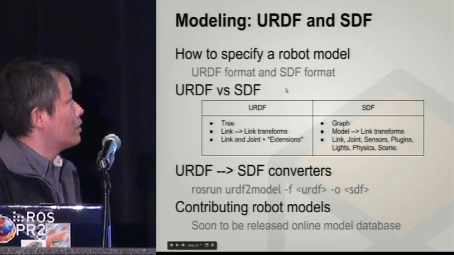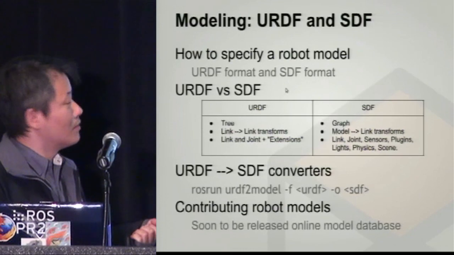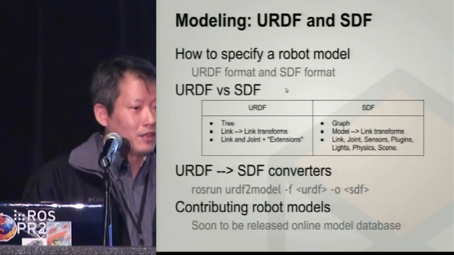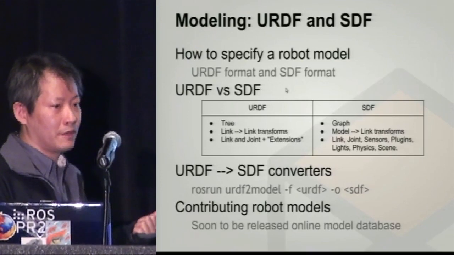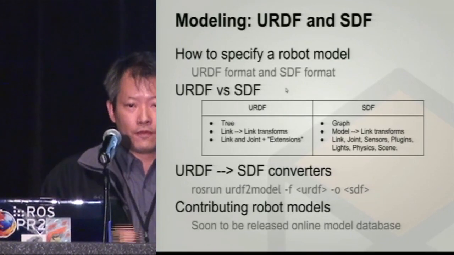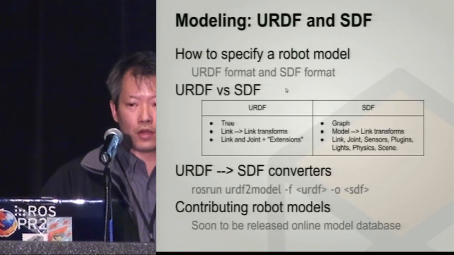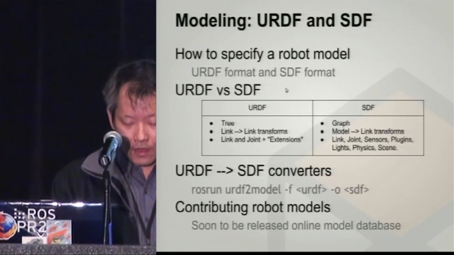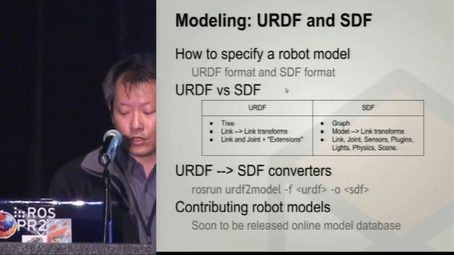All right, so once you start modeling the robot, you might have seen words like URDF and SDF thrown around. I wanted to talk a little bit about that. URDF was developed as an efficient subset of information about the robot model that's needed by various components in ROS, such as TF, the robot mechanism control, motion planning, or the simulation engine.